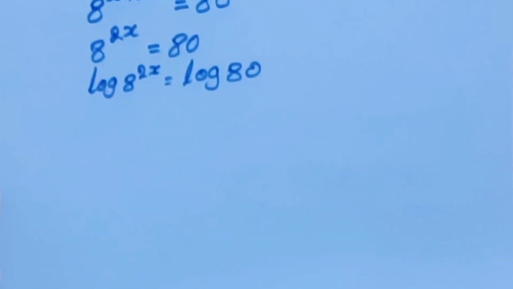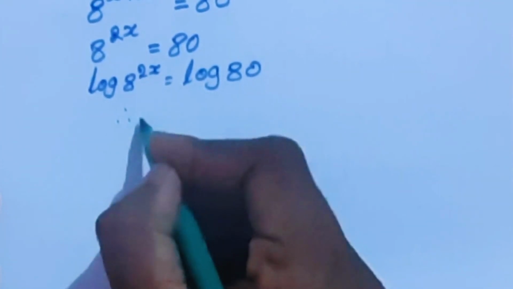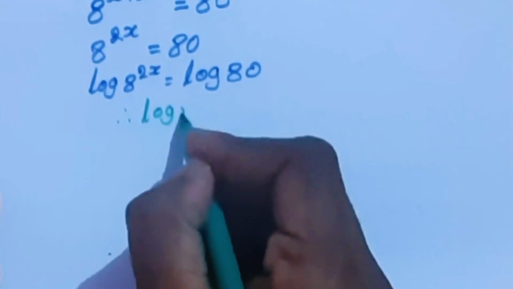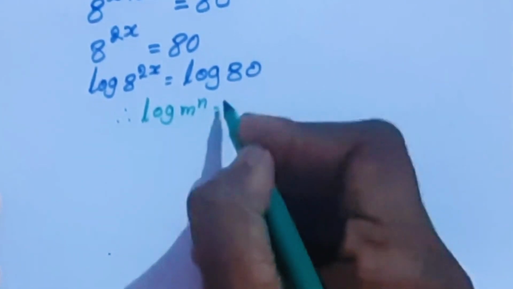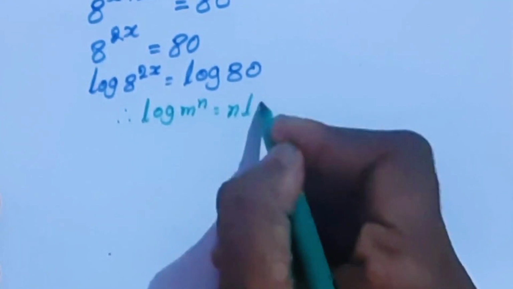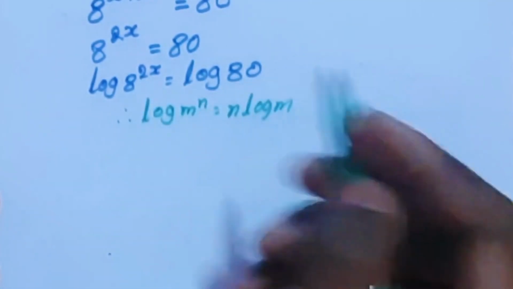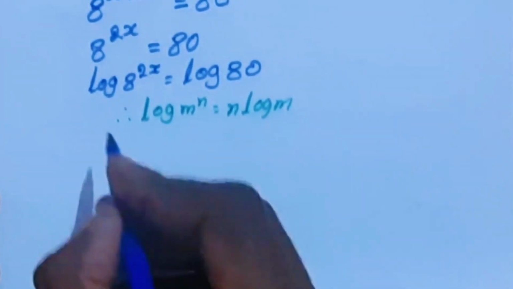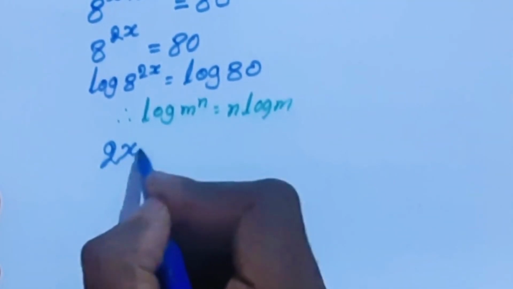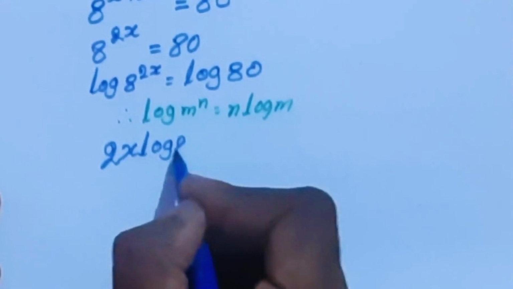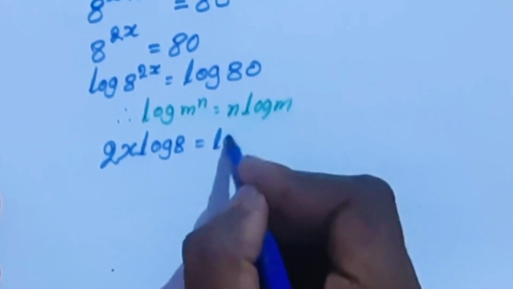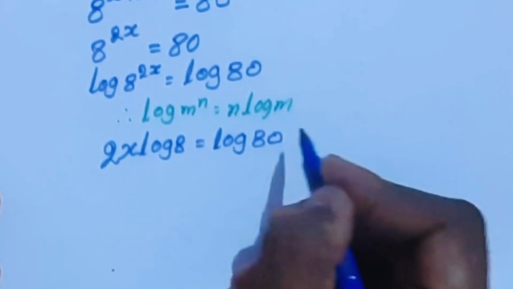Now here we are going to apply this log power formula, that is log m power n equal to n log m. This power comes before this log. So 2x log 8 equal to log 80.